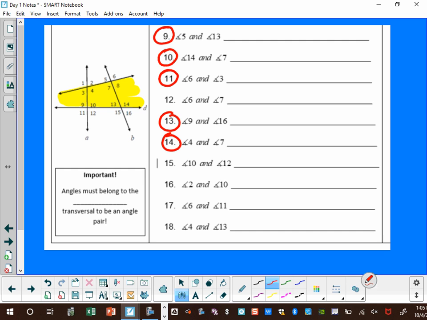Now, go to your homework page, homework day 1. I want you to mark out 8 through 11. You're not doing that part. So instead of doing that, you're doing the rest of the notes. You're doing the first part of your homework, the last part.